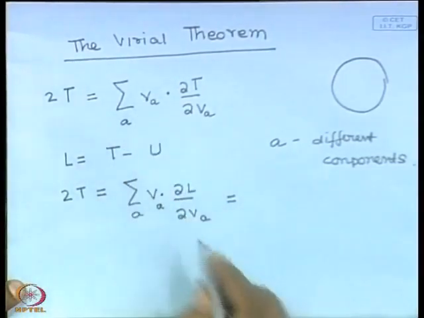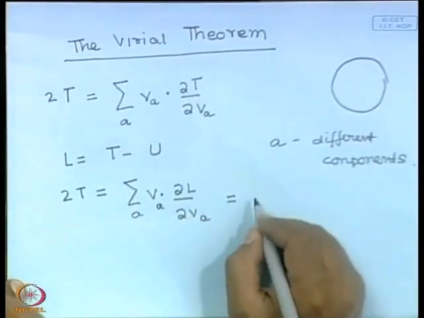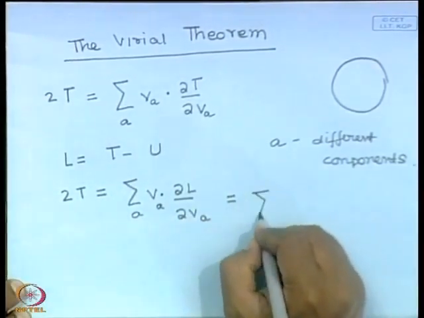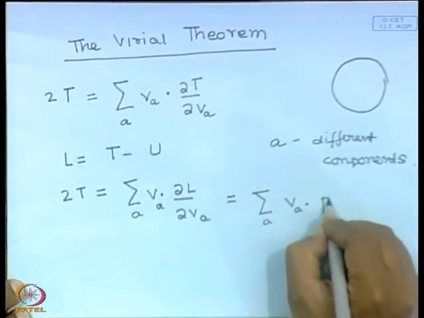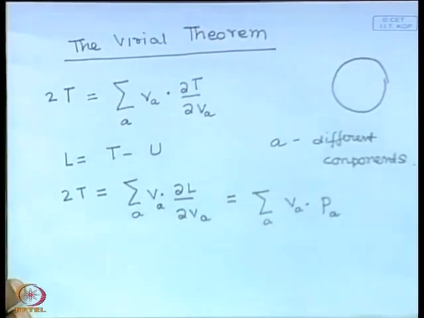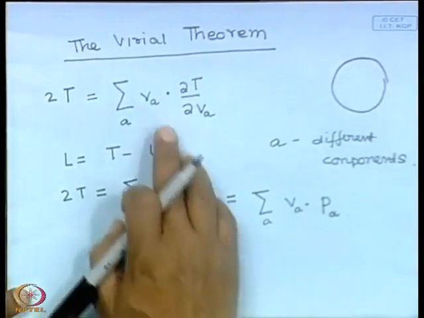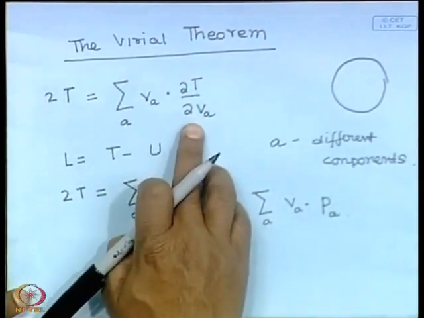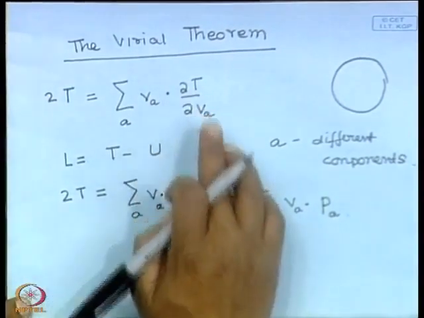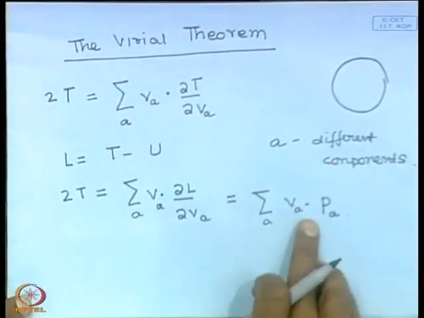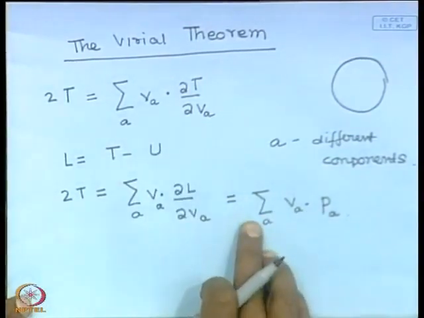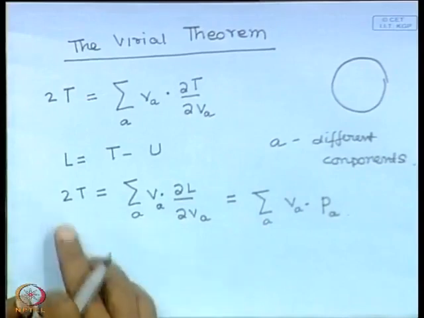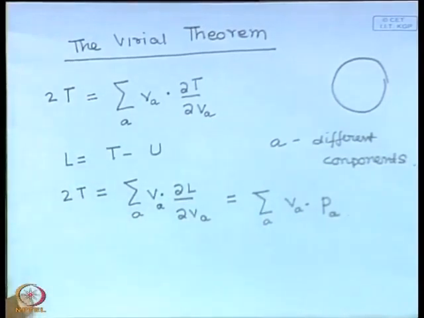We could have written it straight away, but anyway this is equal to v_A dot p_A. Those of you who are not very familiar with classical mechanics, this is quite straightforward: if you differentiate the kinetic energy with respect to velocity, you will get mv, which is the momentum. So this is the velocity times the momentum summed over different components, that is twice the kinetic energy.